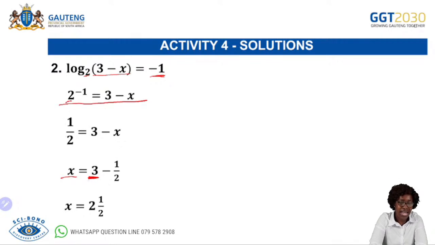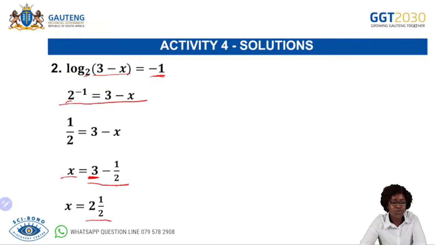So our right-hand side becomes 3 minus a half, and 3 minus a half gives us 2 and a half. Remember what we said, we need to check if our solution is indeed a solution.